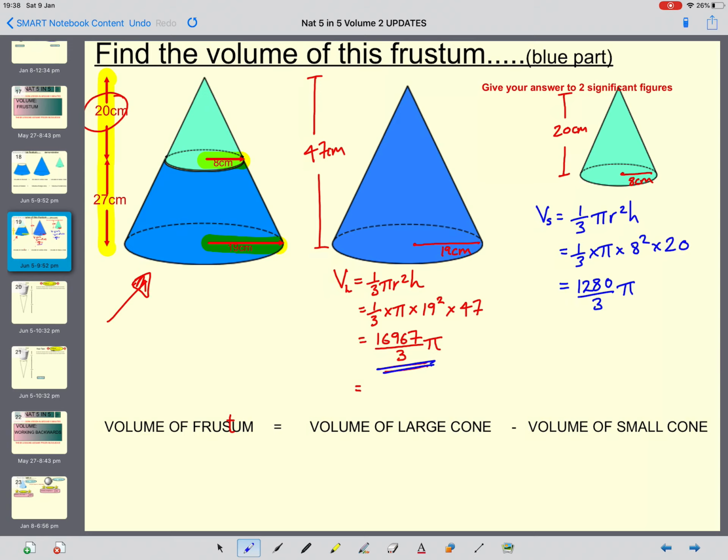So I've got an answer for the large cone, and I've got an answer for the smaller cone. In order to find the volume of this frustum here, I'm going to do the larger one, which is this answer here, take away the smaller answer. Like I said, if it confuses you in any way, please just change it to decimals, and you should get an answer of 5229 pi.